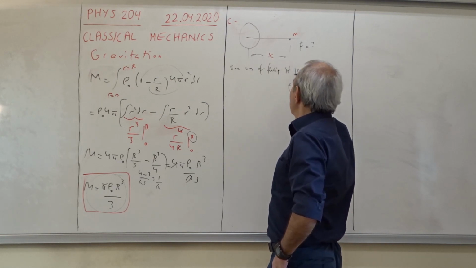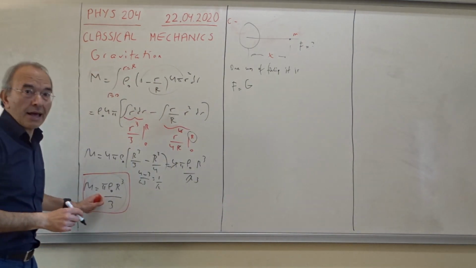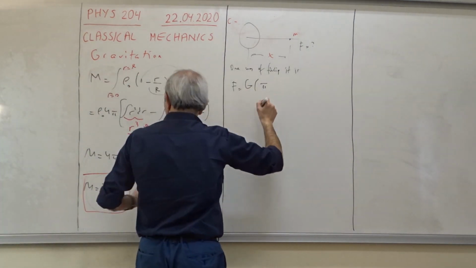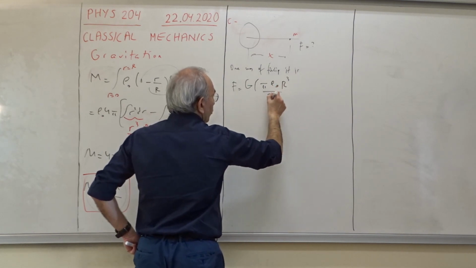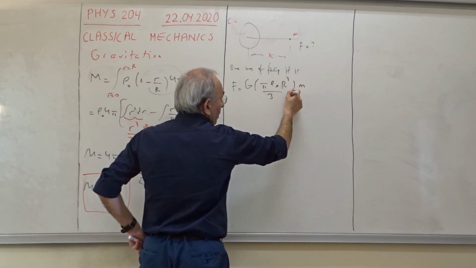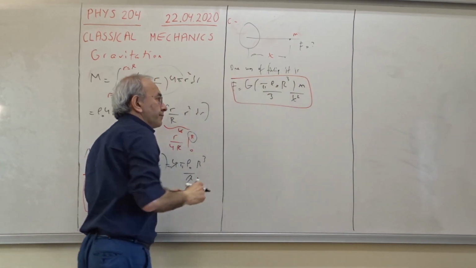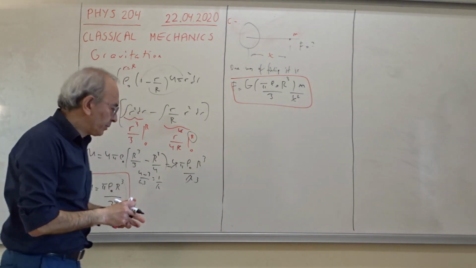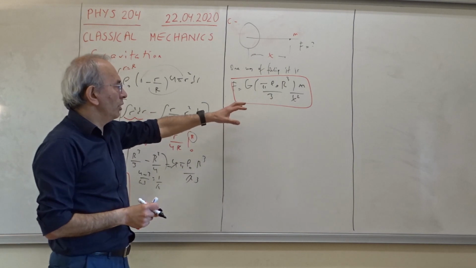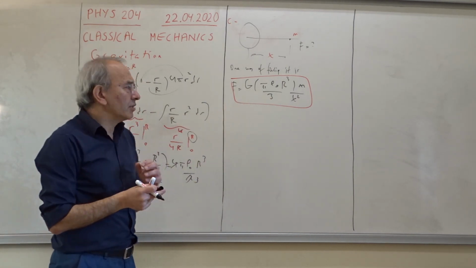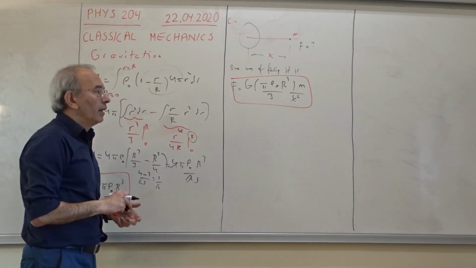One way of finding it is to write it as F is equal to capital G, capital M, pi times rho 0, R cubed over 3 multiplied by little m divided by x squared. So this is the result. Once you obtain the total mass, you could easily use it in the formula. But the other way, in other words, is this way of checking this result.